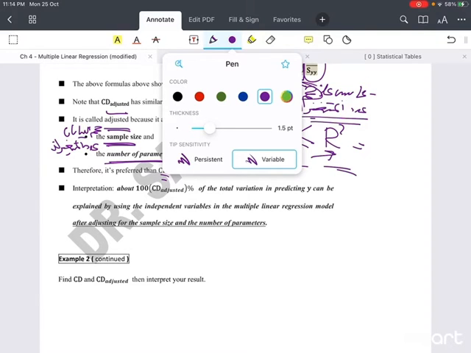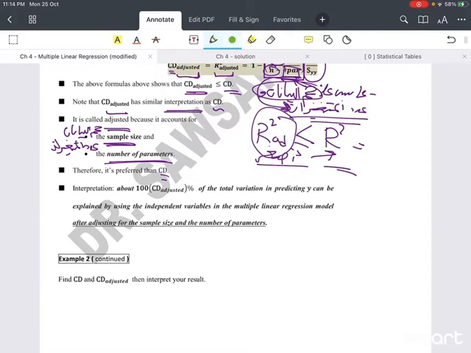We'll continue. Interpretation: about, the value we take and then multiply by 100, of the total variation in predicting y, where you replace y with the example's word, can be explained by using the independent variables in the multiple linear regression model after adjusting for the sample size and the number of parameters.